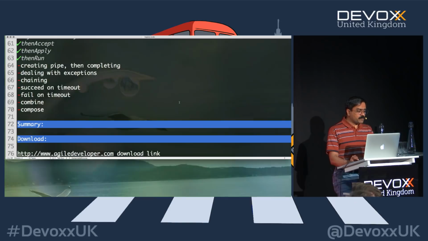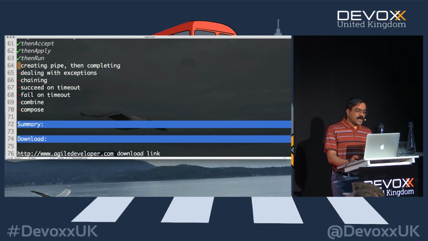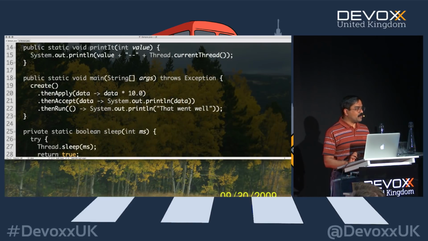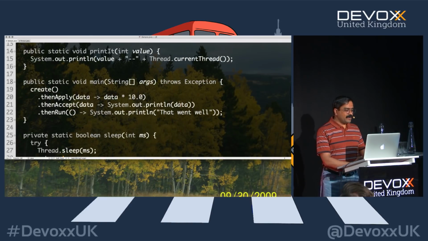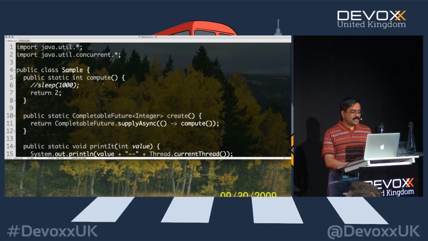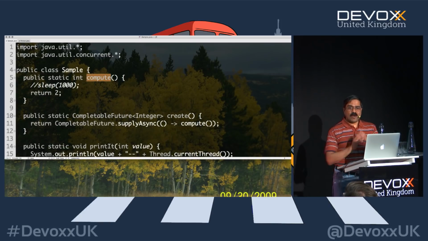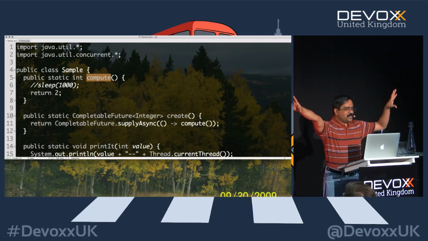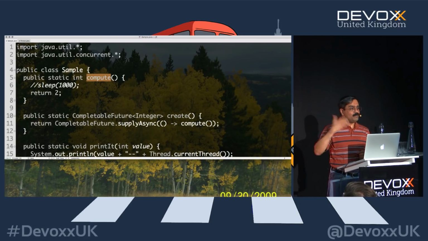So we saw this pipeline, but what about creating a pipeline and then completing it? Well, in the examples I created so far, it's a little bit of an unfortunate example because this guy is actually completing it. But there are times when you want to create a pipeline, but you don't want to complete the pipeline until much later.